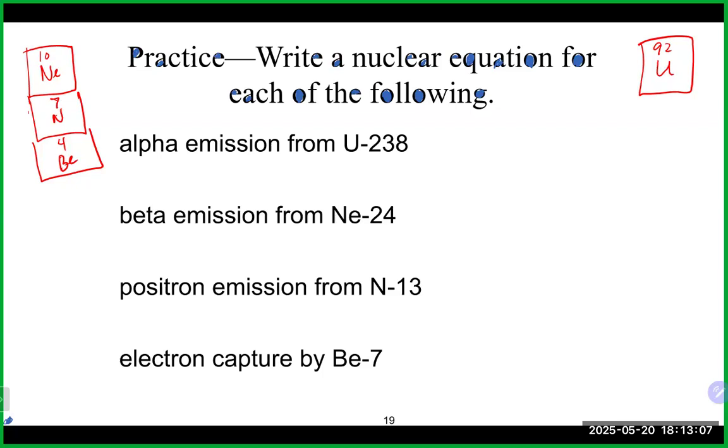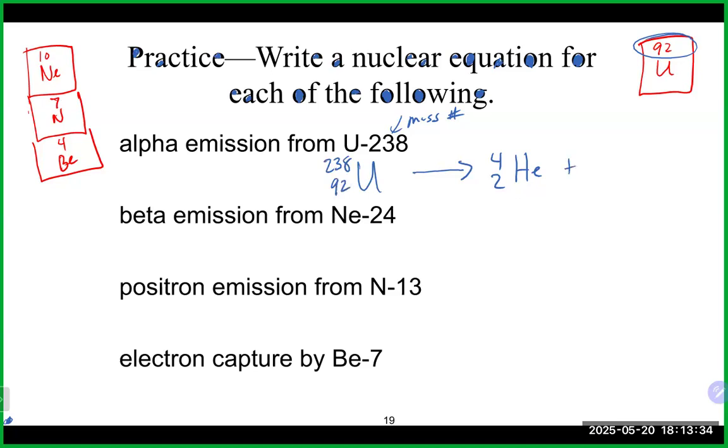So we'll start with the first one, alpha emission. Again, that means my alpha particle is going to be on the product side. You could use helium, or you can use the alpha symbol if you like, whichever one you like. That's uranium. Remember, when it's written like that, that is the mass number. And I know that because I go to the periodic table and find the atomic number, which is 92. So we'll go uranium 238 and 92.